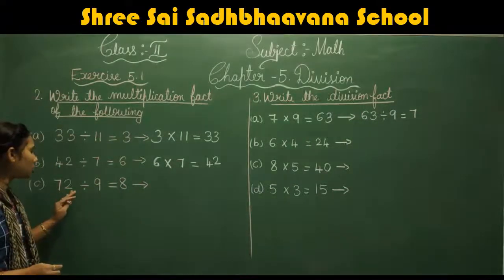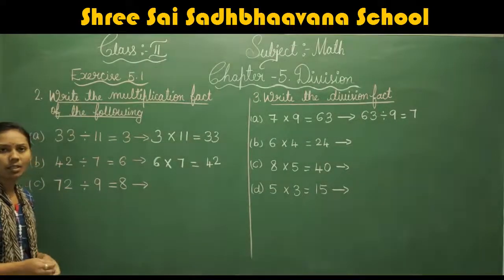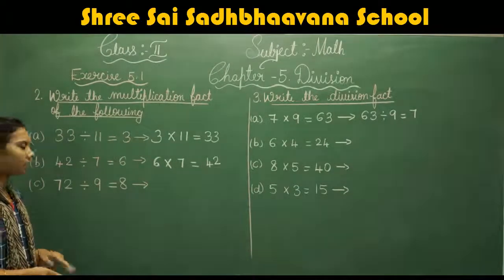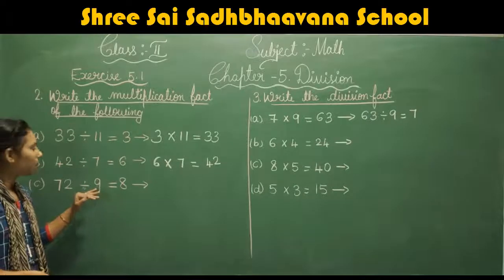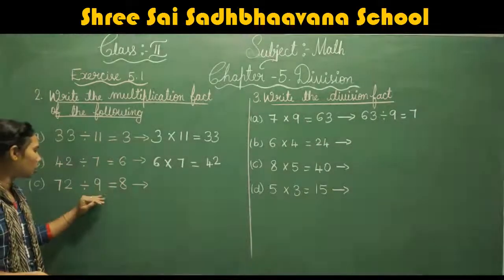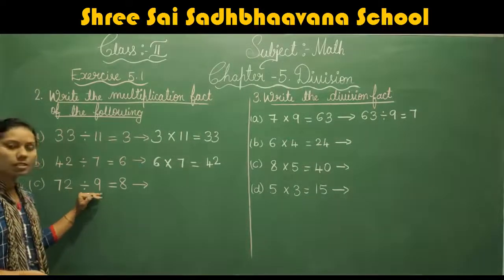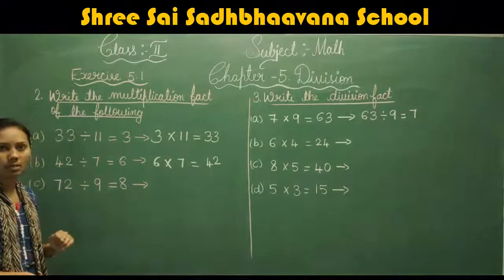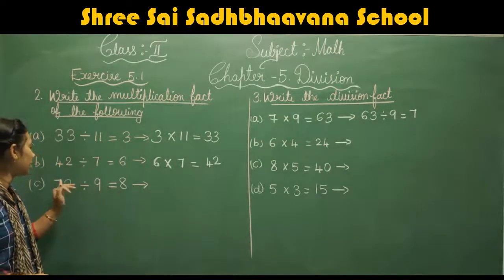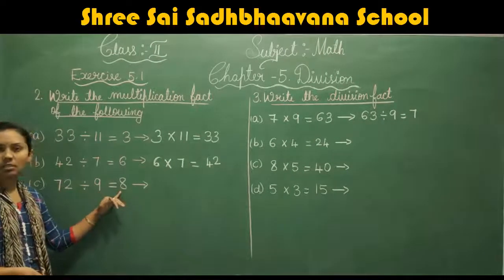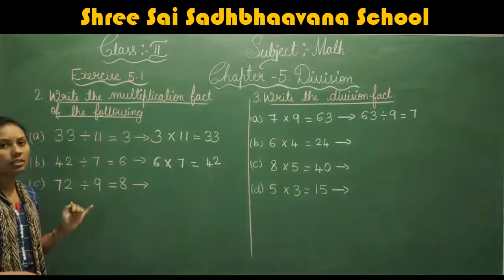Next question, 72 divided by 9. When you divide 72 by 9, it goes 8 times in the 9 table. So the quotient is 8 here.